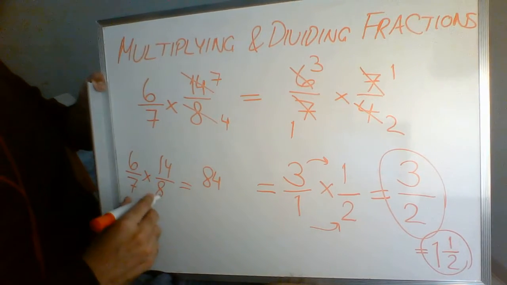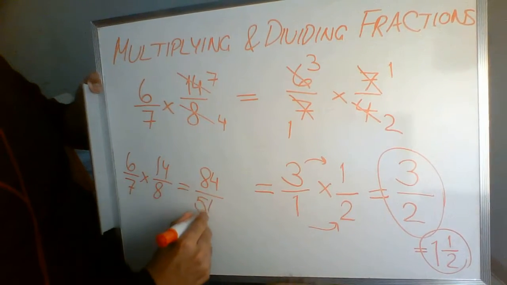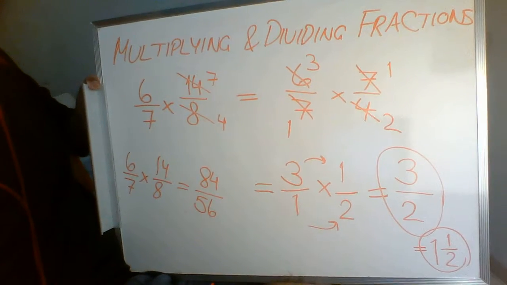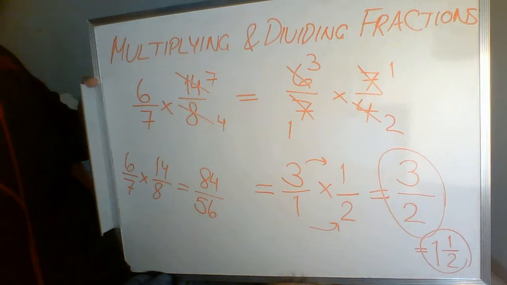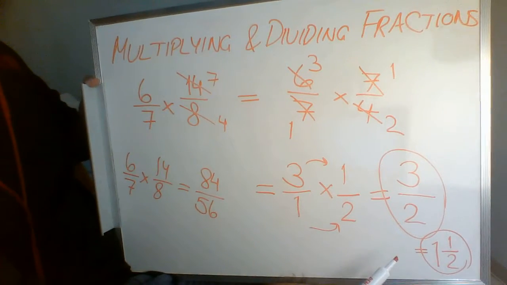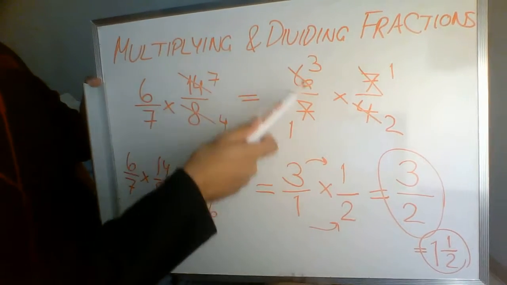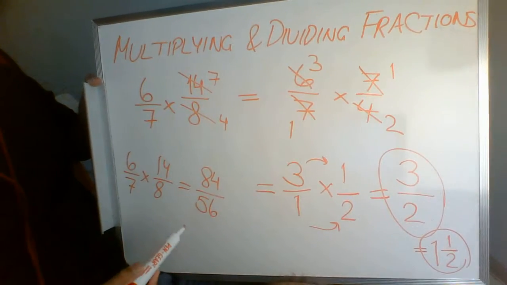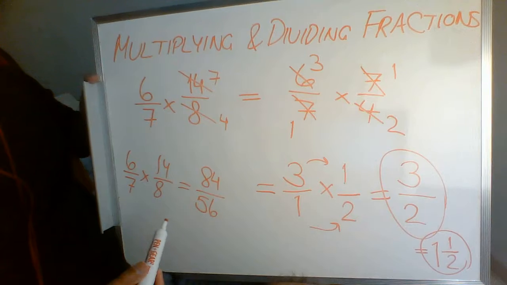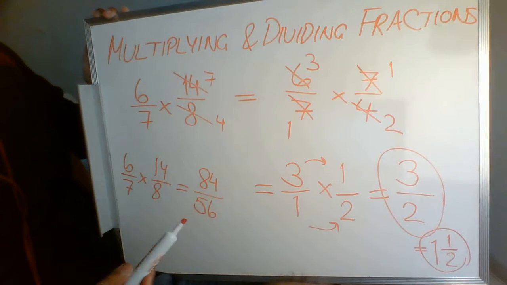And then 7 times 8 on the bottom is going to give you 56. And now you have this improper fraction, which is going to be a little bit of a nightmare to reduce, at least compared to what we were doing before. Before we were dividing numbers like 6 and 4 and 7 and 7. Now we're trying to find, oh, what are 84 and 56 both divisible by?